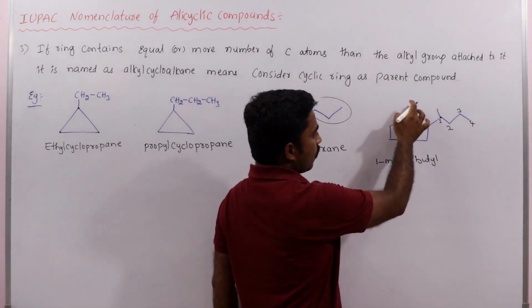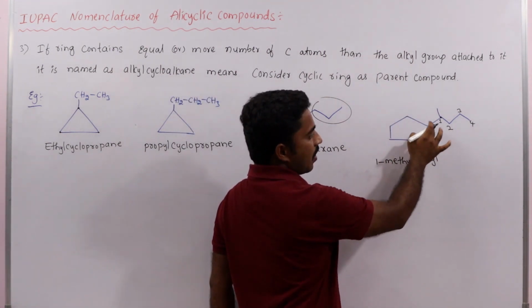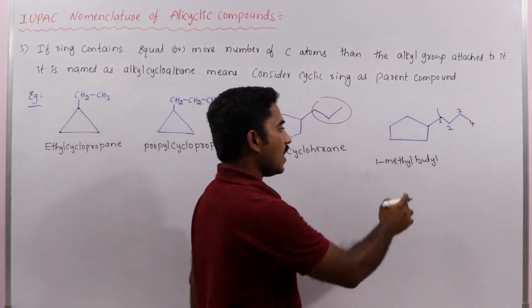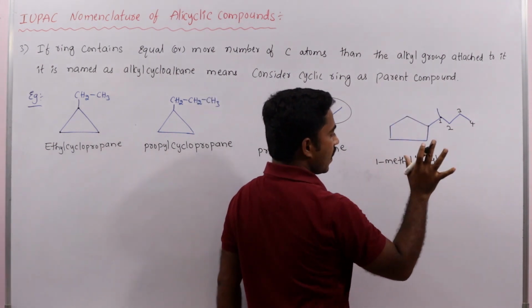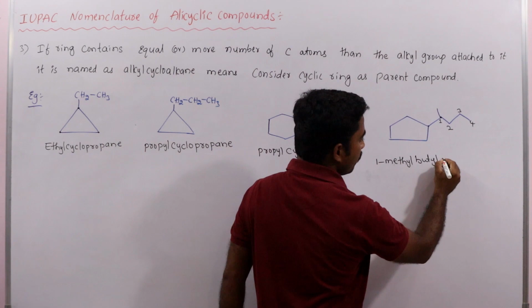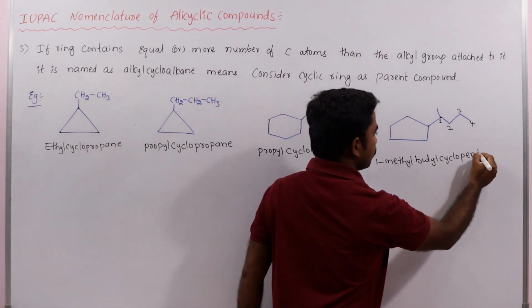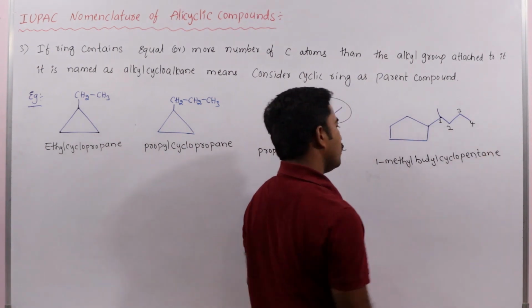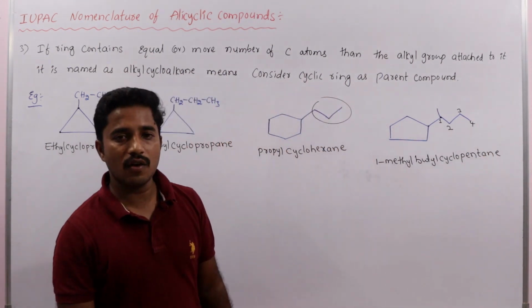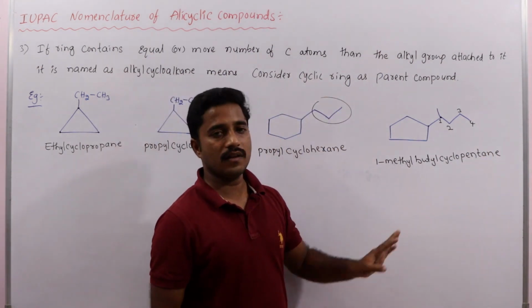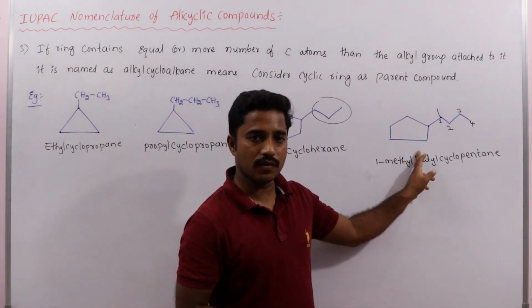What is the parent compound here? The cyclic ring is the parent compound. The cyclic ring contains how many carbons? 5. That's why 1-methylbutyl cyclopentane is the name. 1-methylbutyl cyclopentane is the correct name of this molecule.